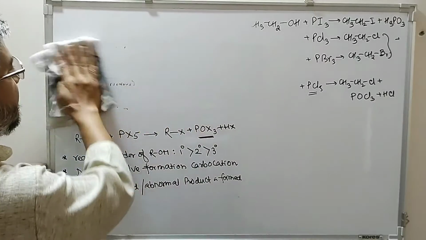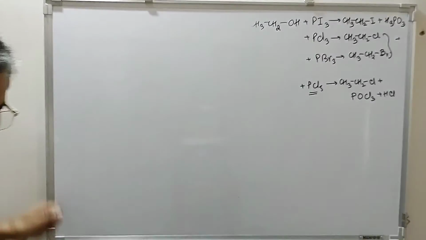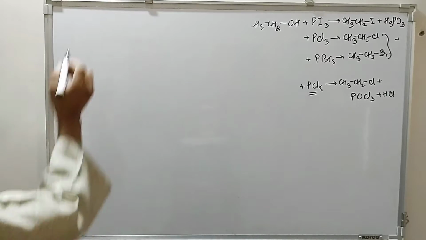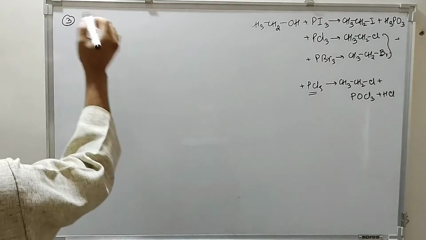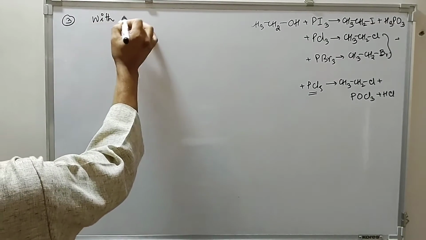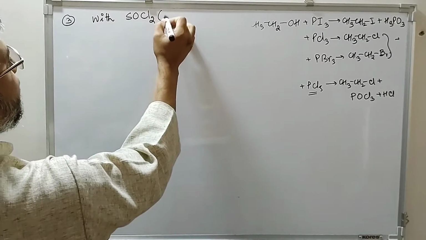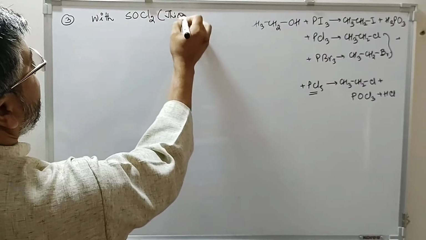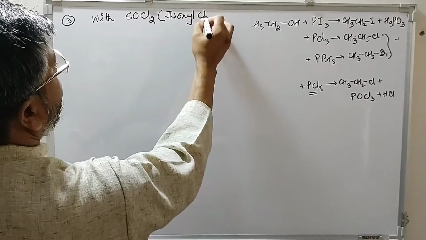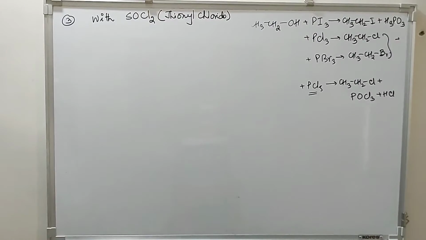Next method of preparation of alkyl halide from alcohol is a reaction with thionyl chloride.